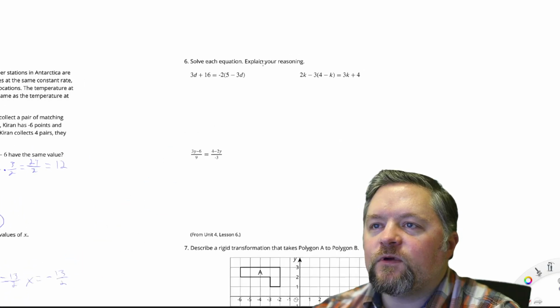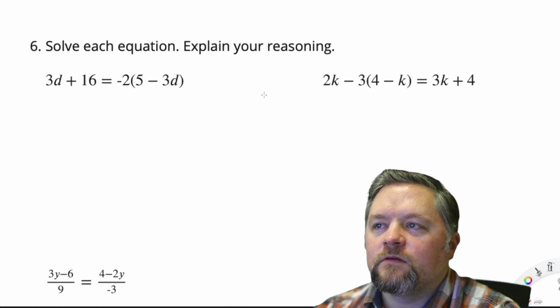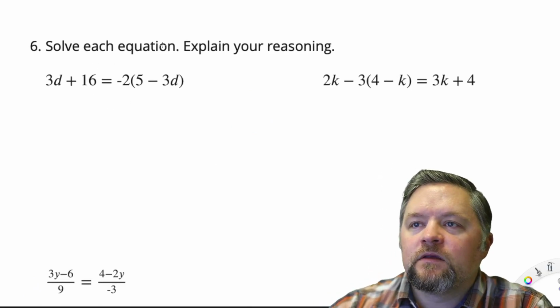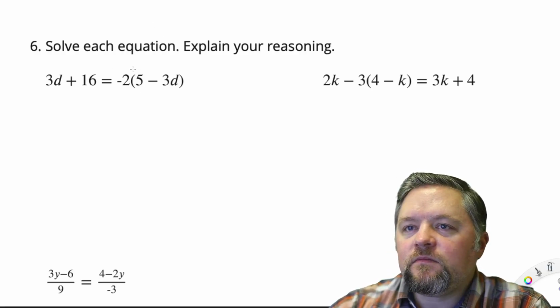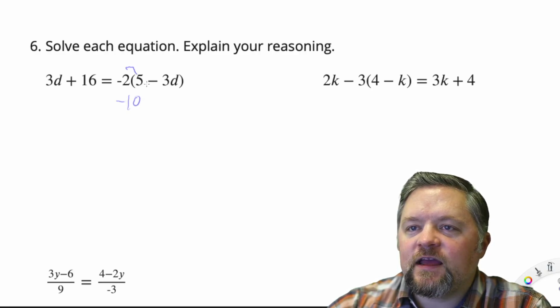Okay, what have we got next? Solve each equation. Explain your reasoning, means show your work. Let's distribute. Negative 2 times 5 is negative 10.